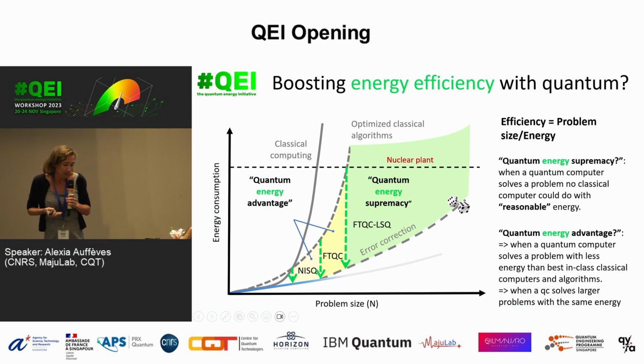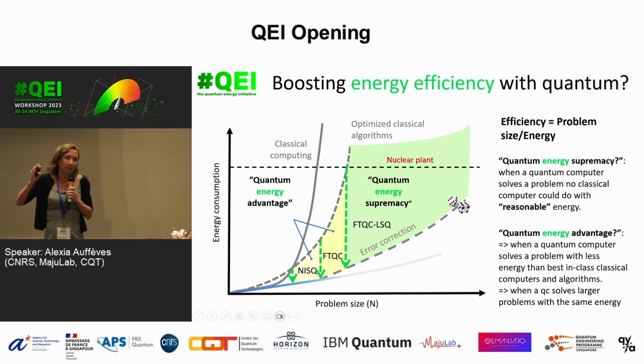All this to say that currently the focus of the quantum computing community is more on how fast can I compute than on how efficiently can I compute. And this is actually a very different target. If you try to compute fast, it doesn't mean you are going to compute with efficiency, energetically speaking.